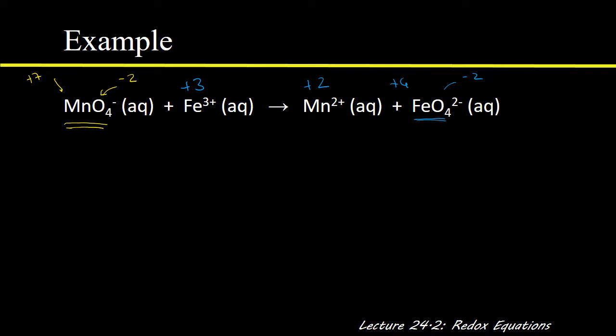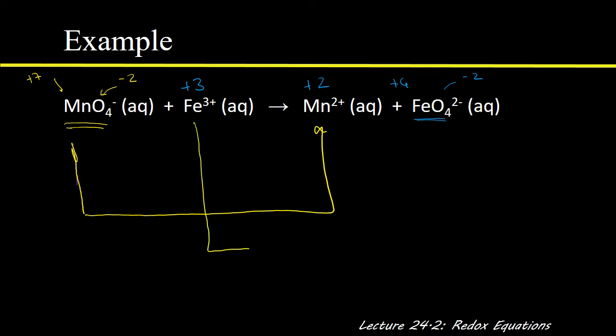You've got to make sure, of course, that you've got one thing being oxidized and one thing being reduced. If both things are being reduced or both things are being oxidized, guarantee you've made a mistake. You need to go back and redo your oxidation numbers.